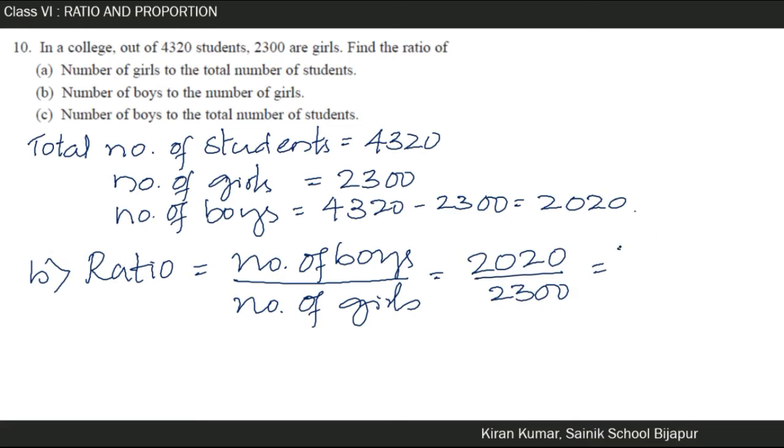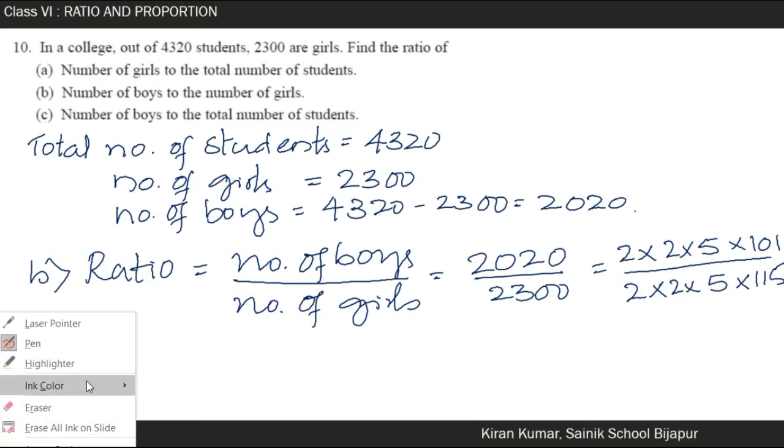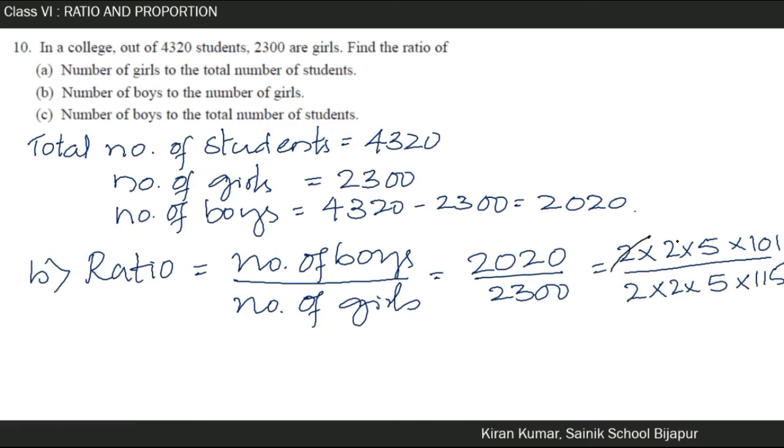This can be expressed as 2 multiplied by 2 multiplied by 5 multiplied by 101, and 2,300 is 2 multiplied by 2 multiplied by 5 multiplied by 115. So these terms get cancelled and we get the ratio as 101 upon 115.